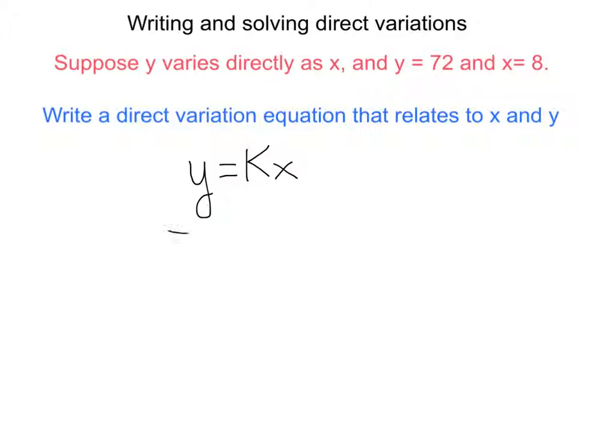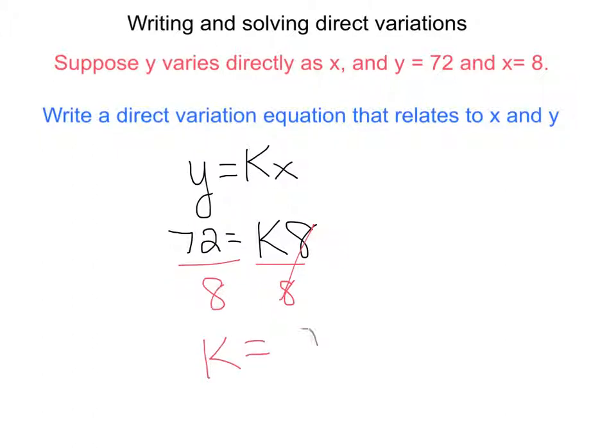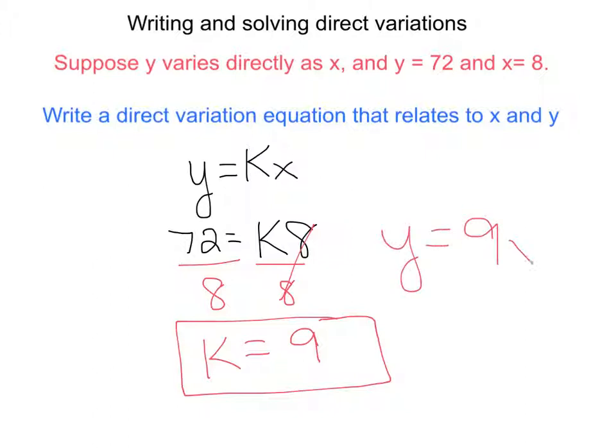So you know that y is 72 and x is 8, so that means that we're solving for k. So you divide both sides by 8, and you get k equals 9. So that means that the direct variation here would be y equals 9x.